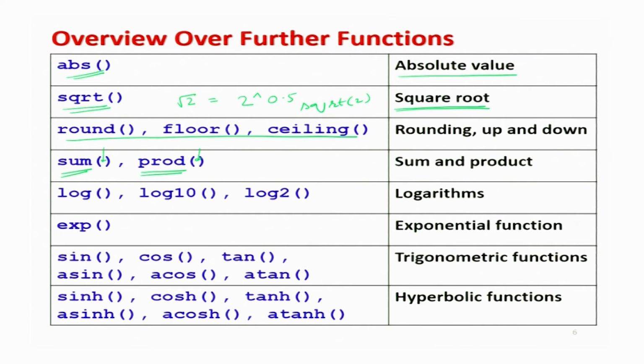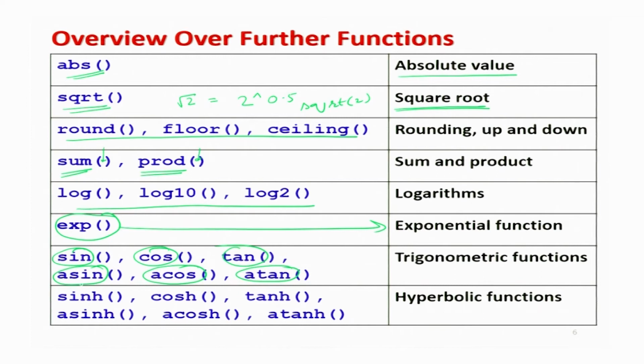And similarly, different types of log functions are also available here, log10 is for the logarithmic value when the base is 10 and so on. EXP is used for exponential functions. Then we have the trigonometric functions like sine, cos, tan, and cosec is like sine, sec is like cos, and cot is like tan, right.